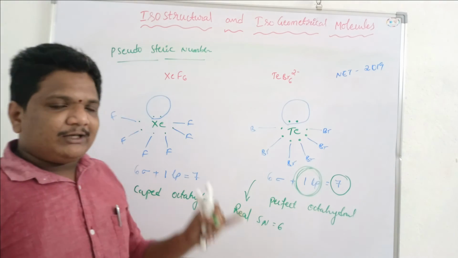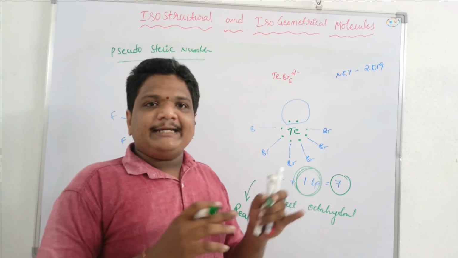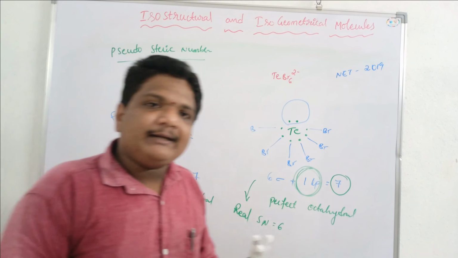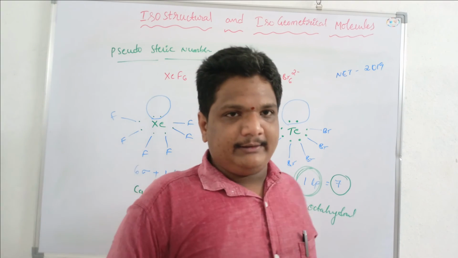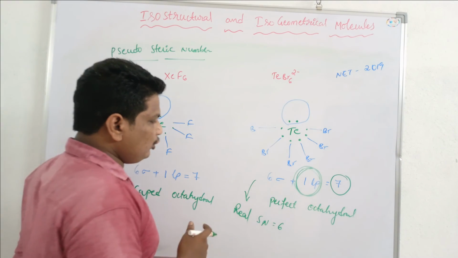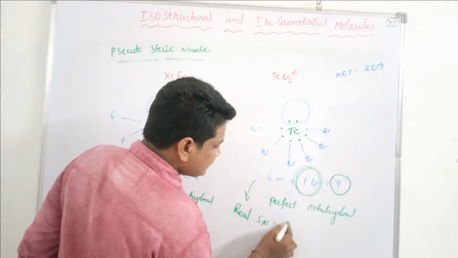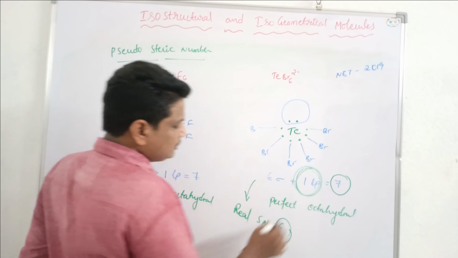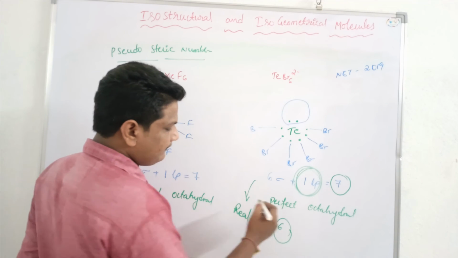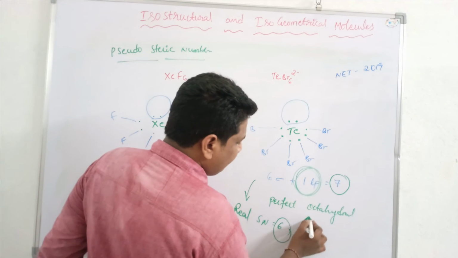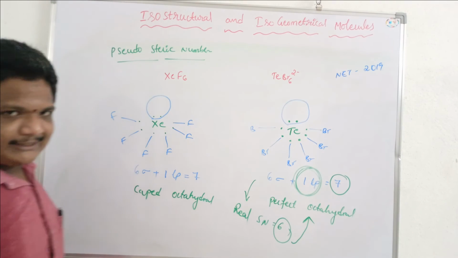If the lone pair is stereochemically inactive, it cannot participate in the electronic geometry. So that's why this lone pair will be inactive. So here we can observe the real steric number, that is 6. Due to this real steric number 6, we can observe a perfect octahedral structure.